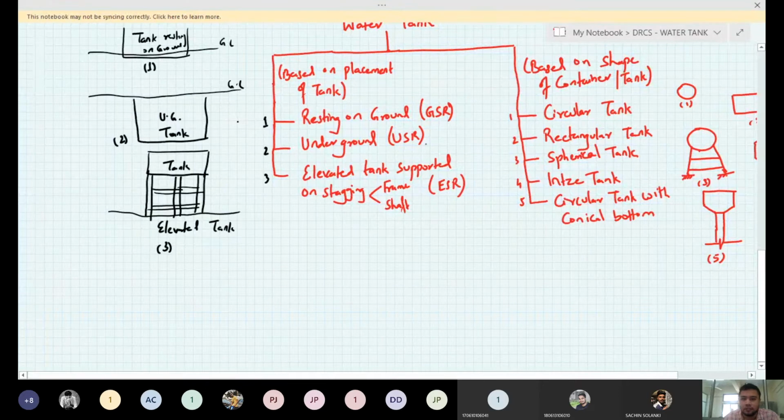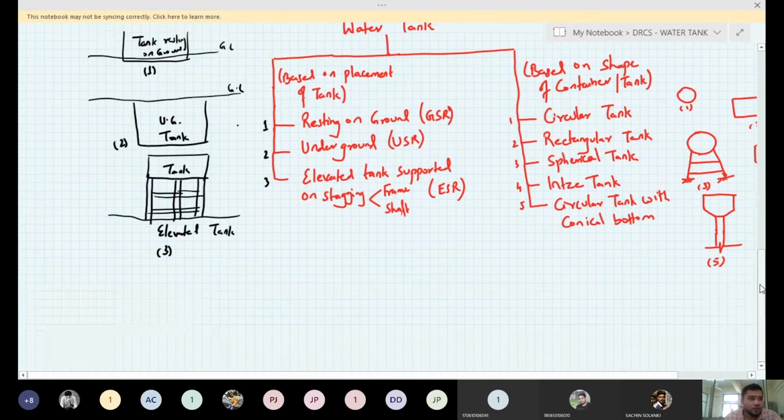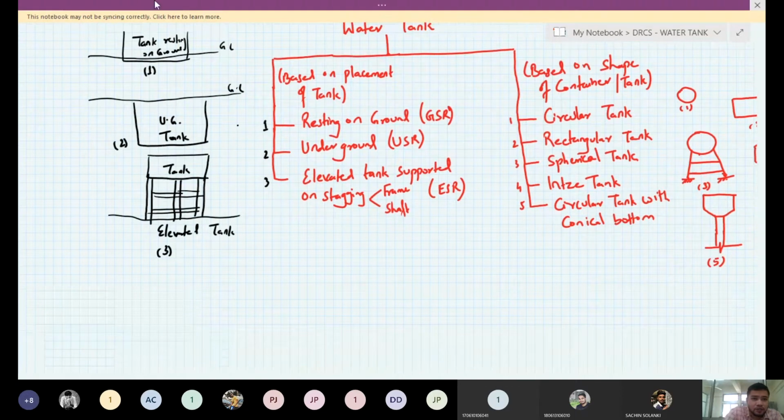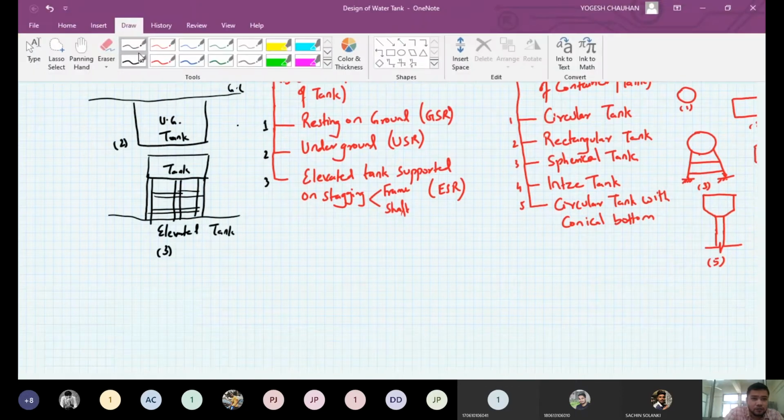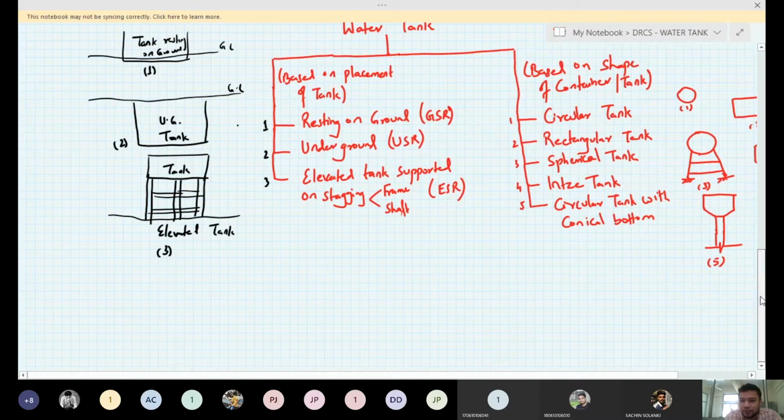Okay, so this is the classification of the water tanks. Then we have also seen the various codes to be referred for the design of water tanks.